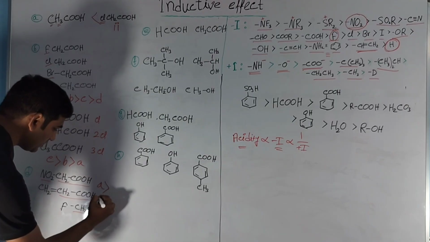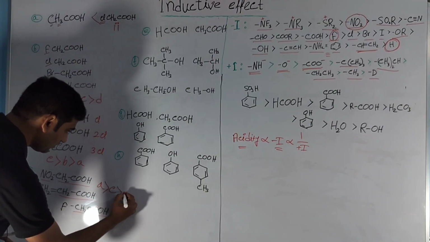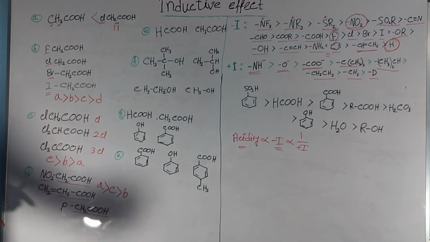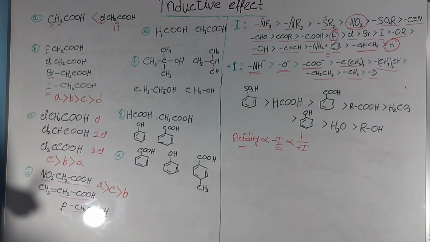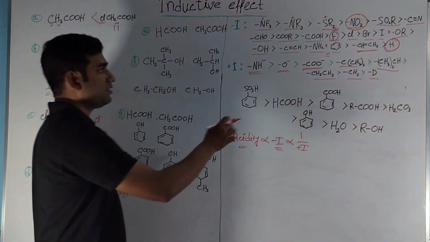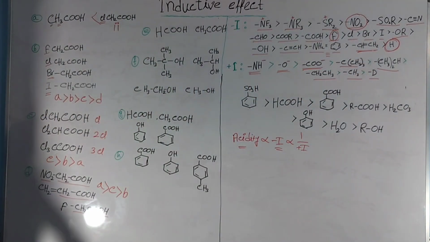First one is the most acidic, then the third one C, then the second one B. That's why the first is the most acidic, then fluorine, then at least the alkyl group. So this is the acid order.